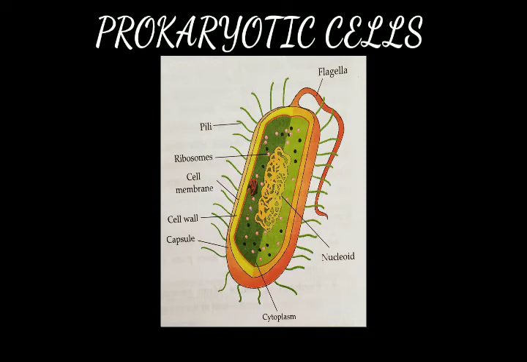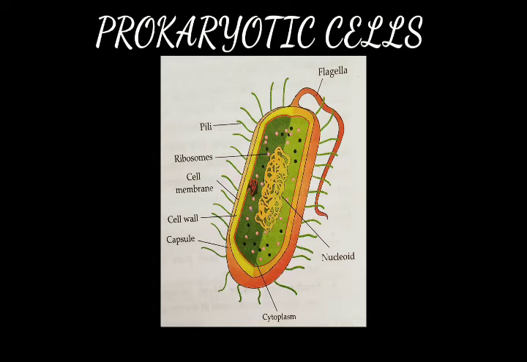The nuclear material which is present in prokaryotes, they have only a single chromosome. In prokaryotes a single chromosome is present, and it is not bound by a membrane, that is, it is not enclosed by a nuclear membrane. They don't have membrane-bound structures in them.